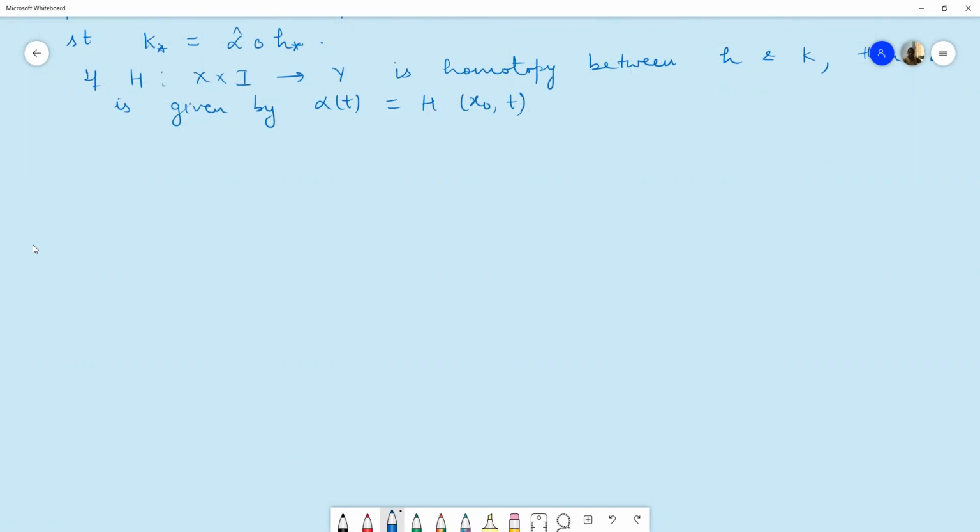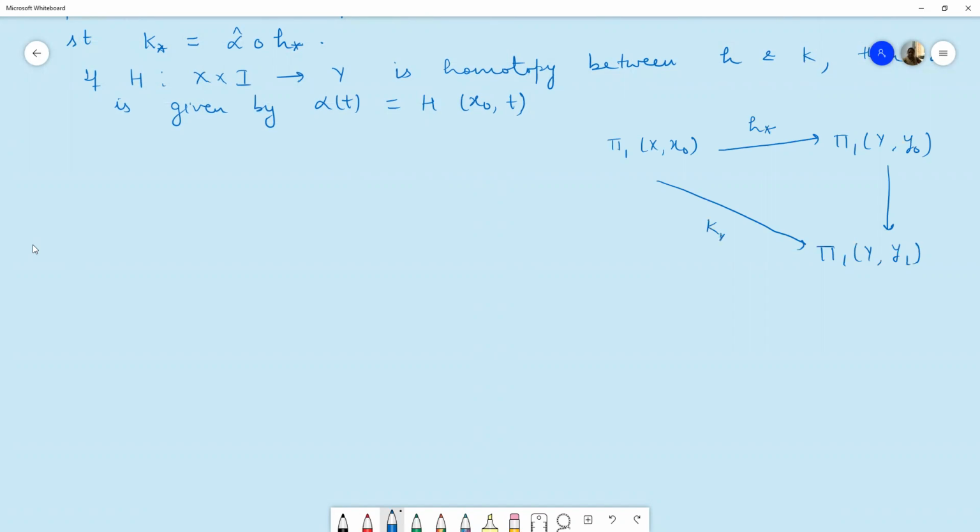So in this case, basically, we have this type of diagram of arrows. So this is the fundamental group of x with respect to x naught, the fundamental group of y with respect to y naught. Now this is the mapping h star, because h is a mapping from x to y, which maps x naught to y naught. And here we have the fundamental group of y with respect to point y1.